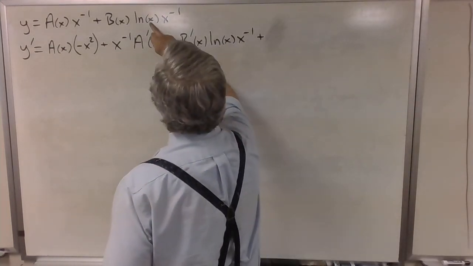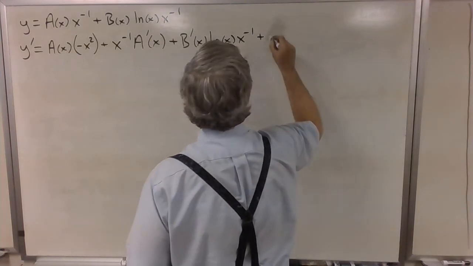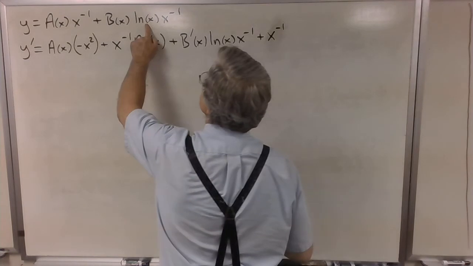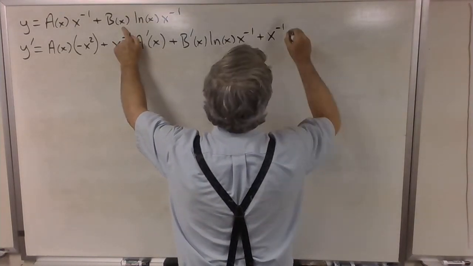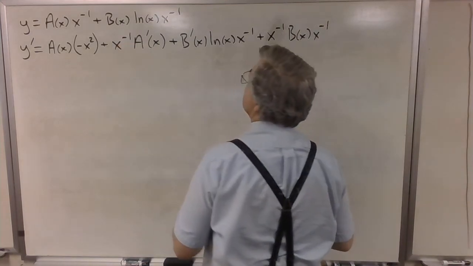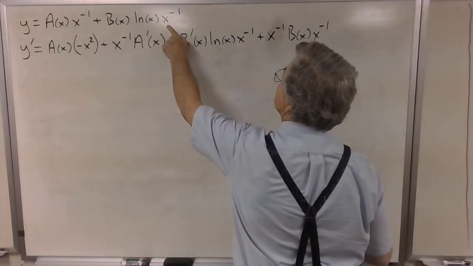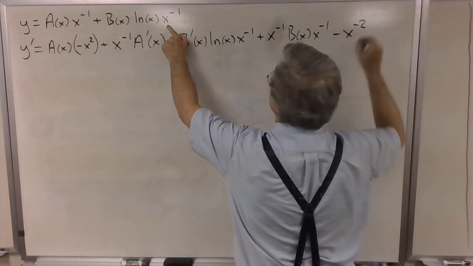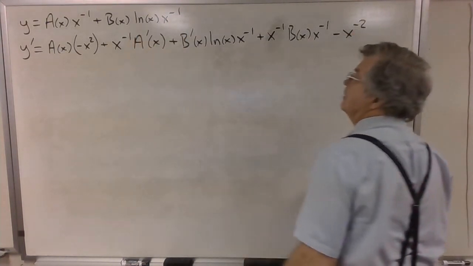Derivative of the second, let me say that that's x to the negative 1 instead of 1 over x. Derivative of the second times the other two, plus derivative of the third times the other two.